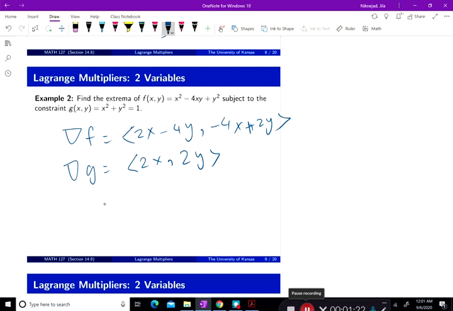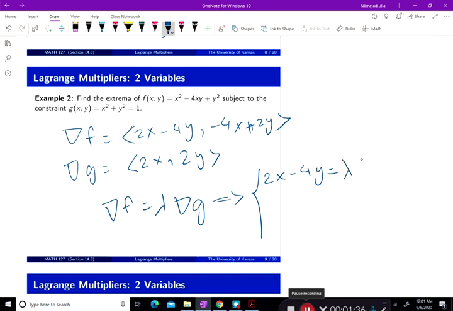Then you set gradient of f equal to lambda gradient of g. That is two equations: 2x minus 4y equal to lambda times 2x, and negative 4x plus 2y equal to lambda times 2y.